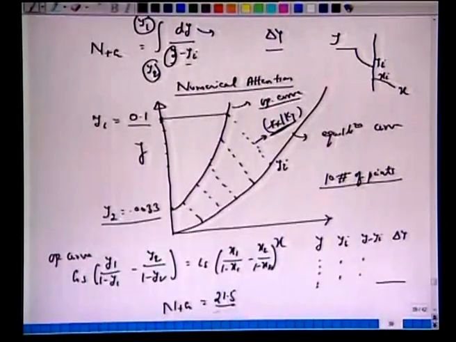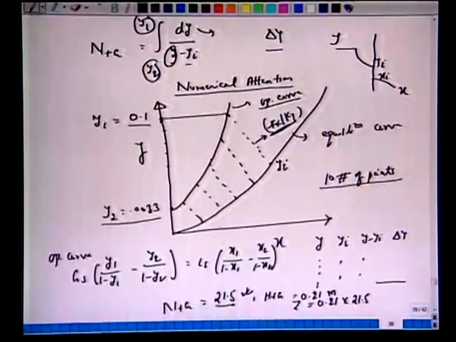So, that was a problem in which we obtained the number of transfer units as 21.5, and the height of a transfer unit we have already calculated. All right. So, the height of a transfer unit is 0.21 meter. So, the total height of the column is 0.21 multiplied by 21.5 meter. So, try to understand this, that the entire column is approximately divided. All right.